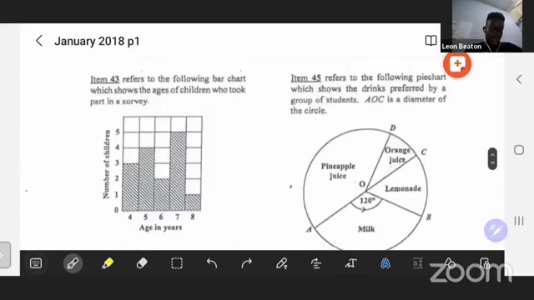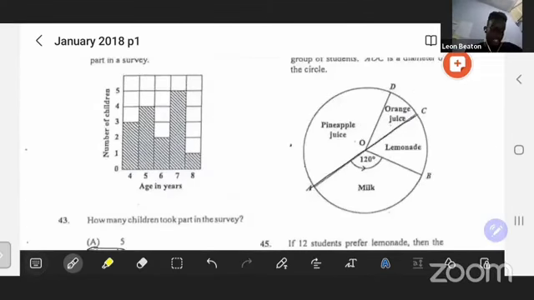So this is the pie chart, and AOC is the diameter, so that line is the diameter.